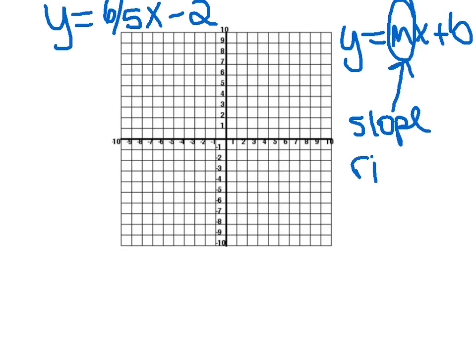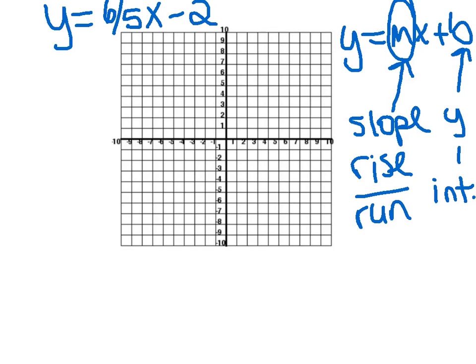Slope is rise over run on our graph. B is our y-intercept. This means that our b will tell us where on the y-axis we place our point.